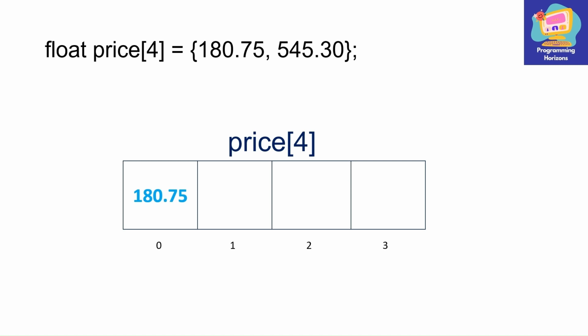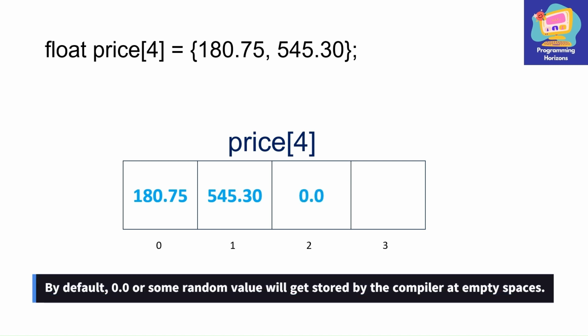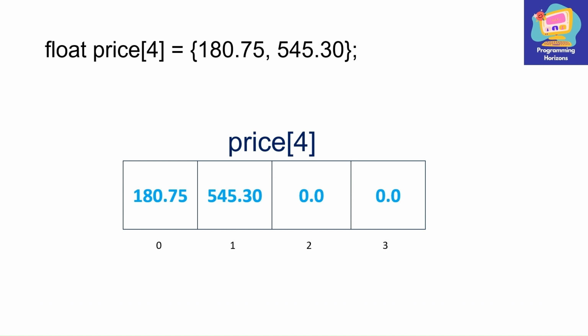Well, obviously my first value of 180.75 would be stored at index value 0, and the second value of 545.30 would be stored at index value 1. But what about the other 2 locations? In that case, the compiler would automatically store 0.0 as the default value for these empty spaces.